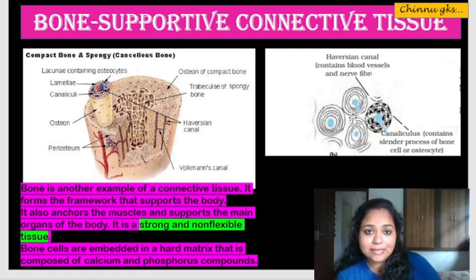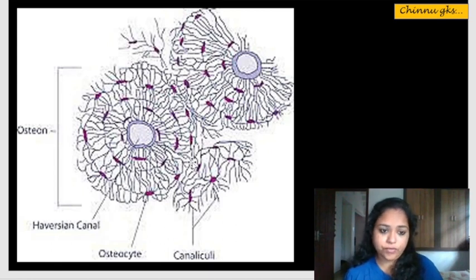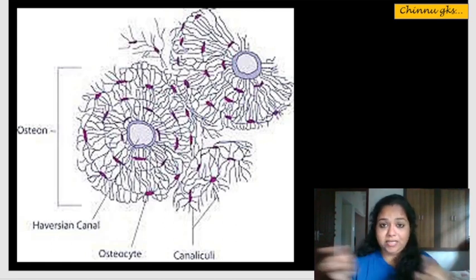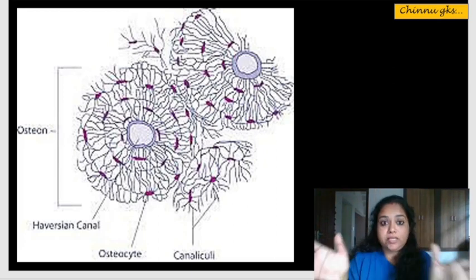Now the bone cells are called osteocytes. What are bone cells called? Osteocytes. This is the structure of the osteocytes. The osteocytes have slender processes, like the arms of a star coming out.